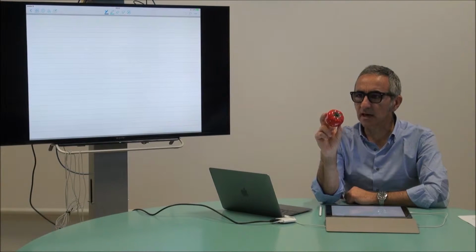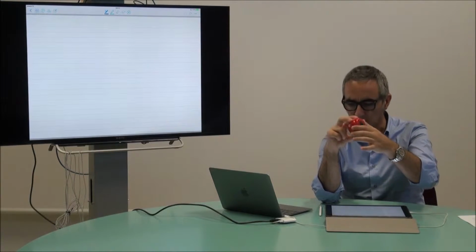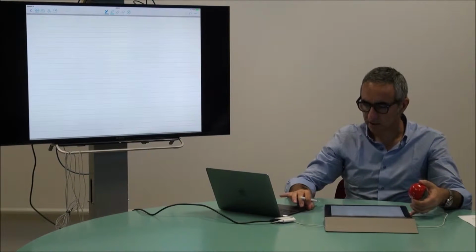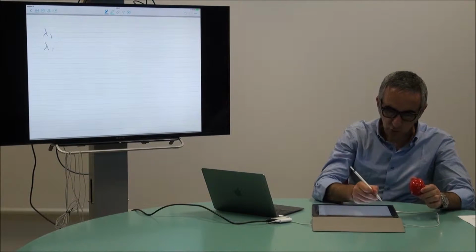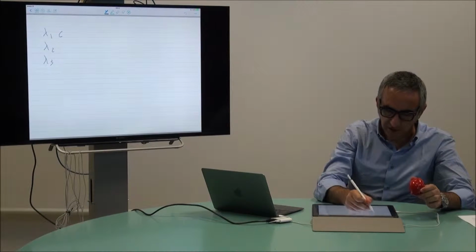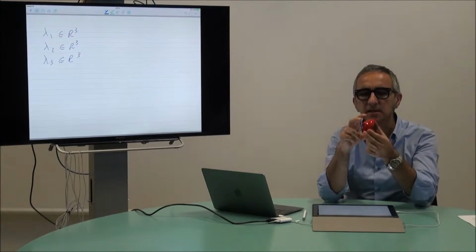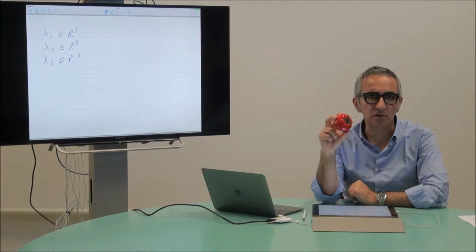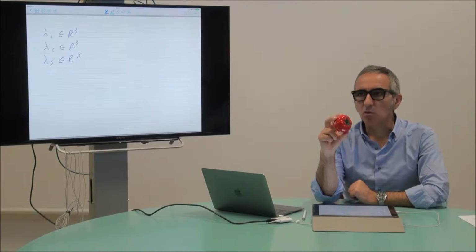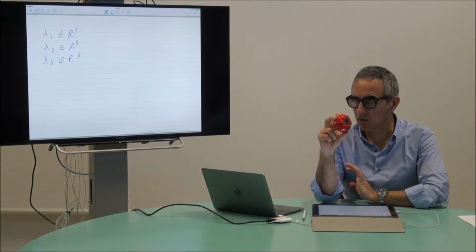So in this kind of configuration I call contact 1, contact 2, and contact 3 here, and I have 3 contact forces: lambda 1, lambda 2, and lambda 3, all of them belonging to R3. So in this case I have a contact force vector which consists of 9 components, the overall contact vector.